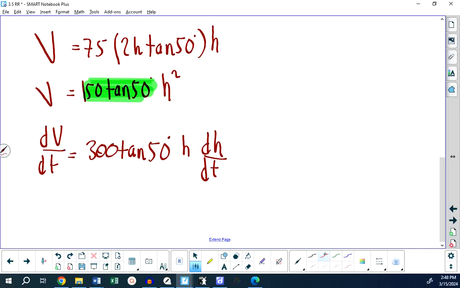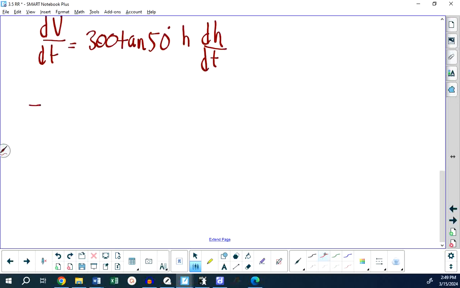Okay, so I need your guys' help here. To find dh/dt, which is what we're after, we have to know dV/dt. Am I correct in saying dV/dt was negative 500? Okay. Negative 500 equals 300 tan 50.